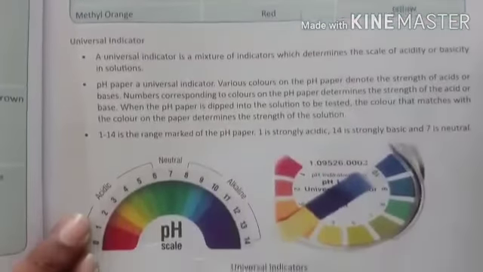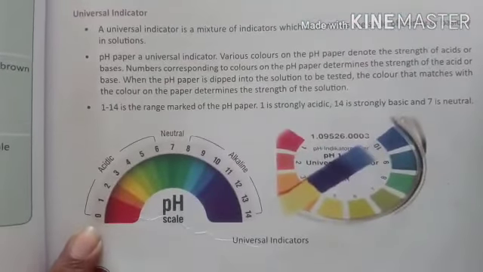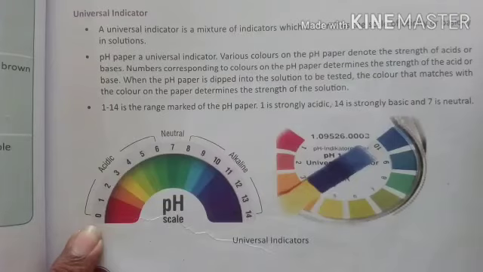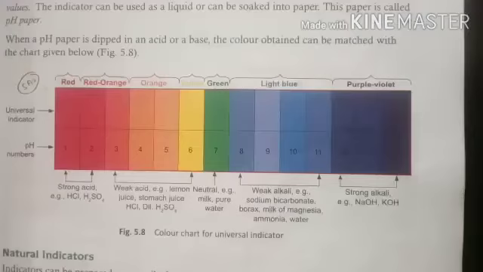These are the universal indicators and they are also called pH strips. They have numbers from 1 to 14 with different colors. As you can see, they show different colors: red, orange, yellow, green, light blue and purple.